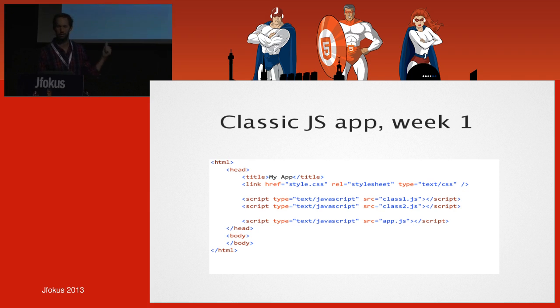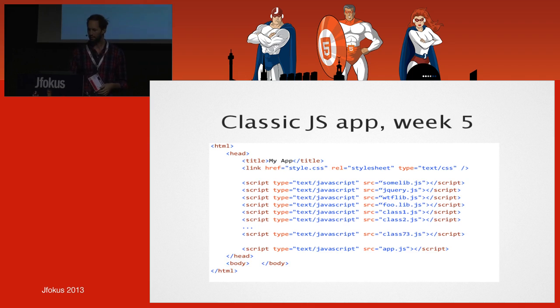You include, I don't know, jQuery, some files, and then end it with an app.js, which bootstraps everything, right? Fast forward 5 weeks, and you have 73 includes. You have all kinds of libraries. Nobody knows the order. Nobody knows why it works, or the order that they have to be. If you move one around, it breaks. But why? I don't know.